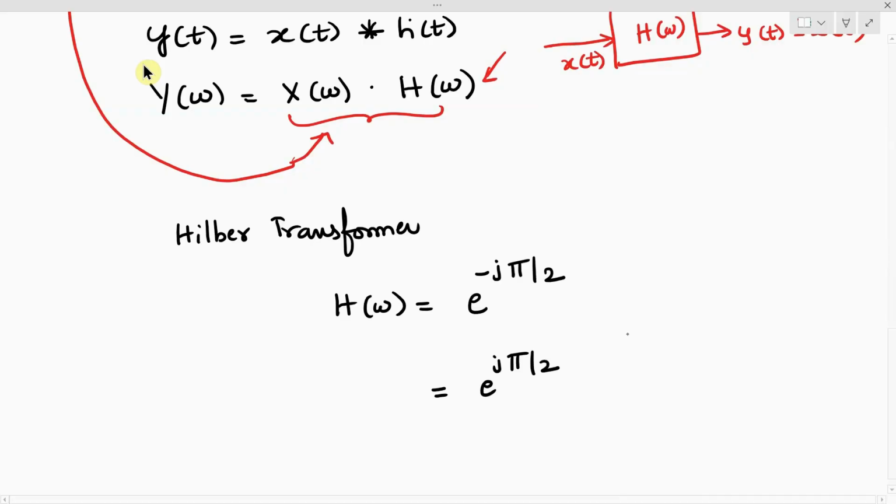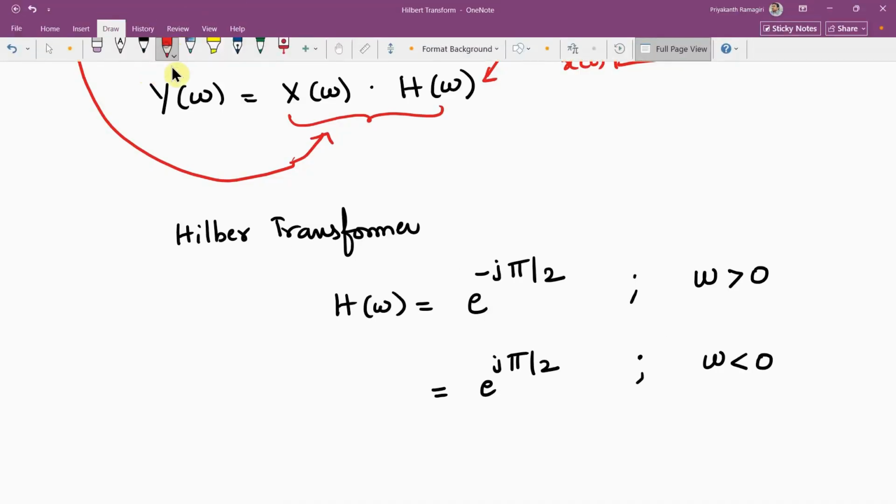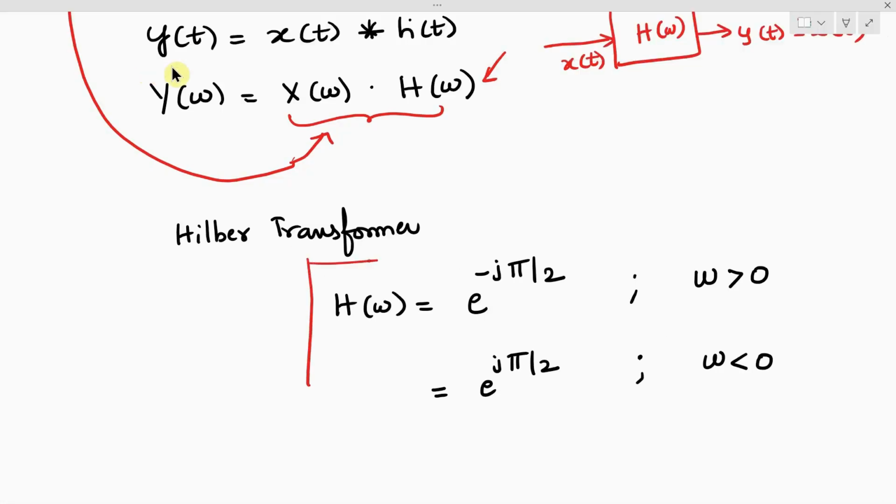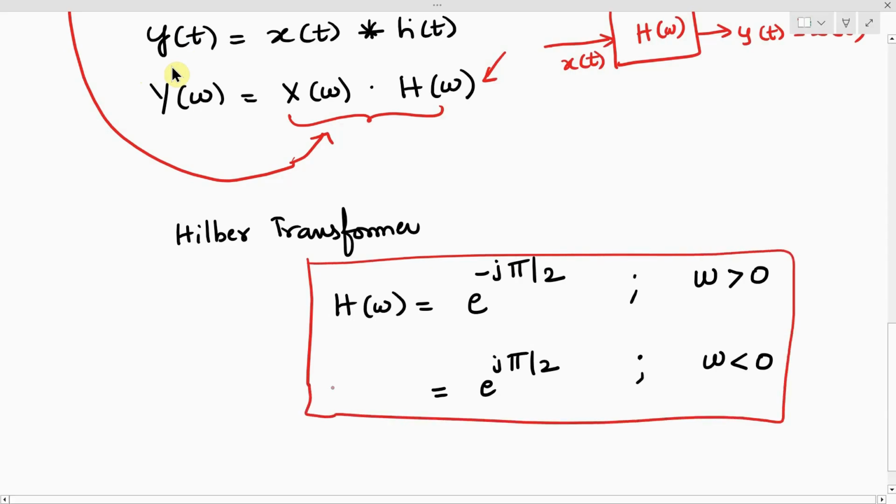Am I right? Yes, sir. This is for positive frequencies and this is for negative frequencies. So this is how the frequency response of the Hilbert transform is defined.